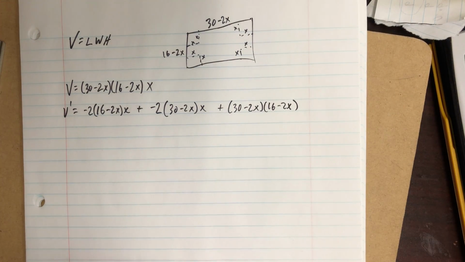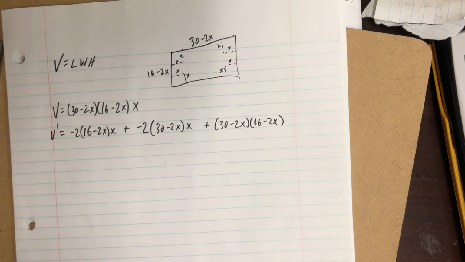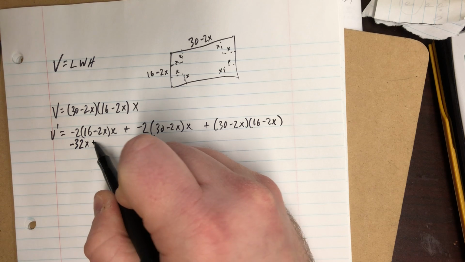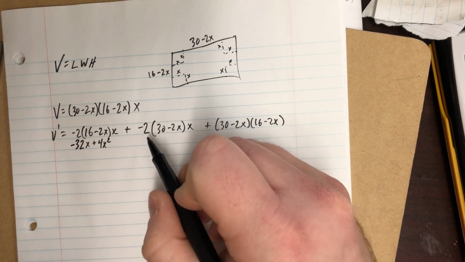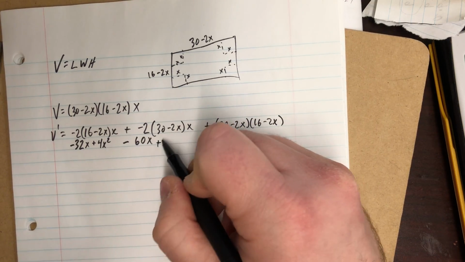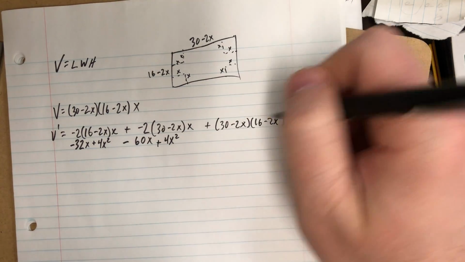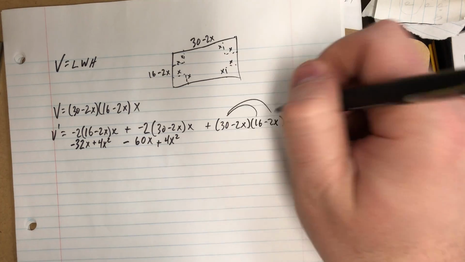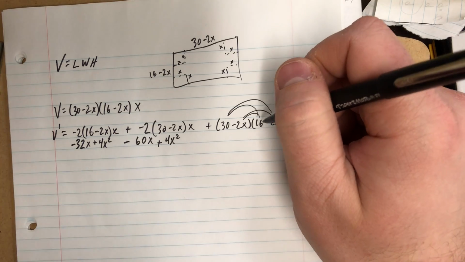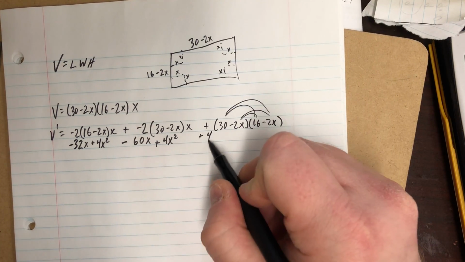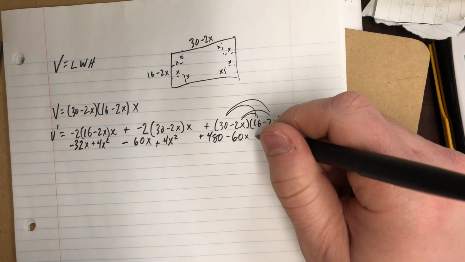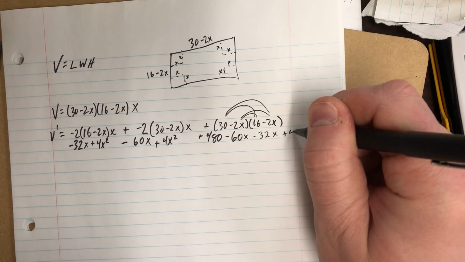So, looks like I get a negative 2x, so negative 32x plus 4x squared. Then I get negative 60x plus 4x squared. Then I gotta FOIL this out. 30 times 16, I don't know that. Well, 3 times 16 is 48, right? So that'd be 480. So 480 minus 60x minus 32x plus 4x squared.